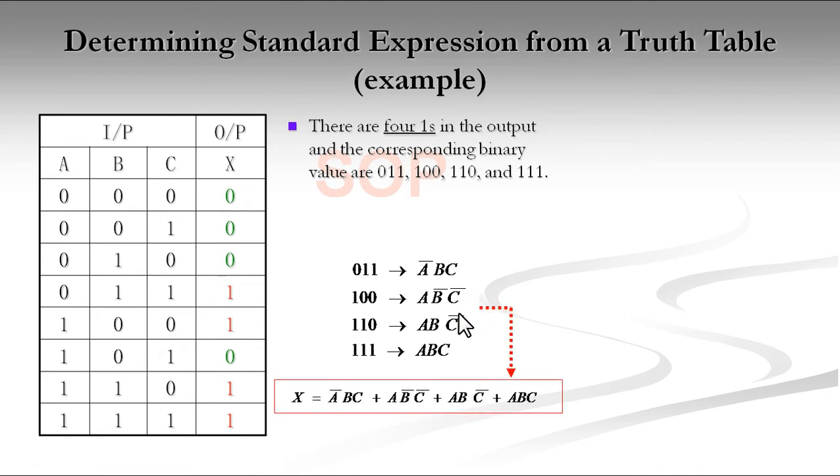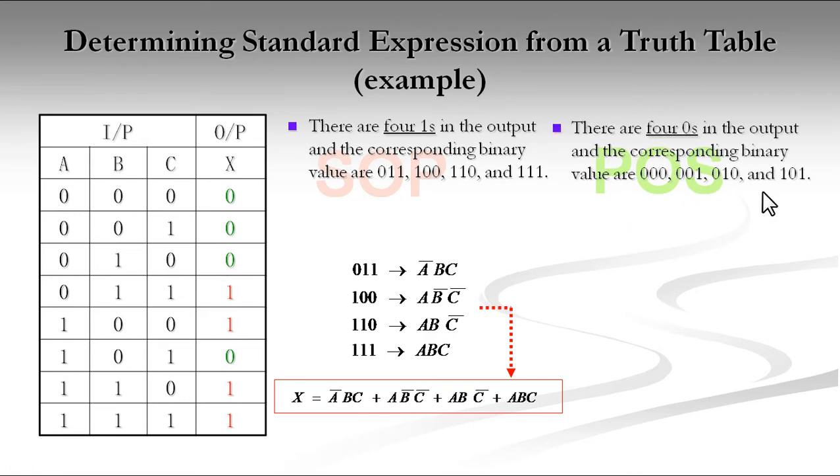Now this can be written in the canonical SOP expression by adding all the minterms. So it is A bar B bar C plus A B bar C bar plus A B C bar plus A B C, which is the minterm expression representing the output X. Now the POS expression for this: there are 4 zeros in the output, which correspond to the binary values 000, 001, 010, 101, all these values are represented over here.